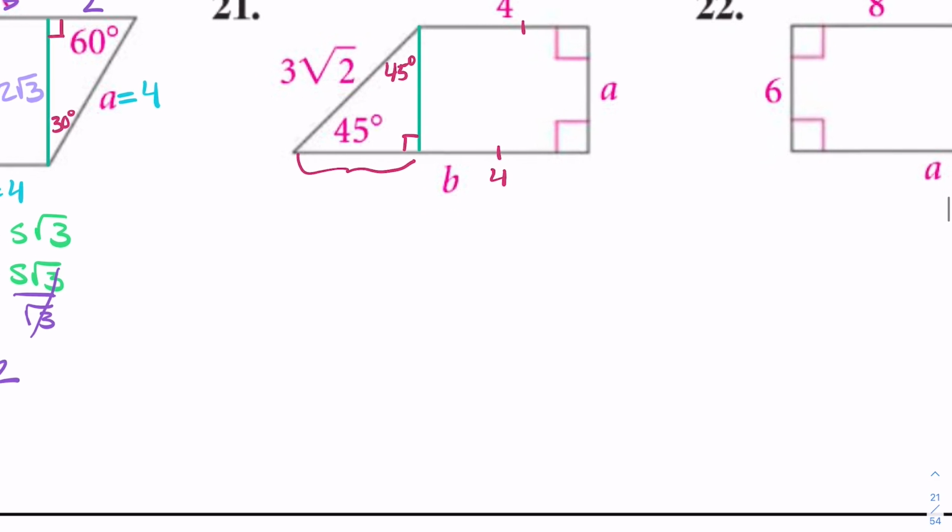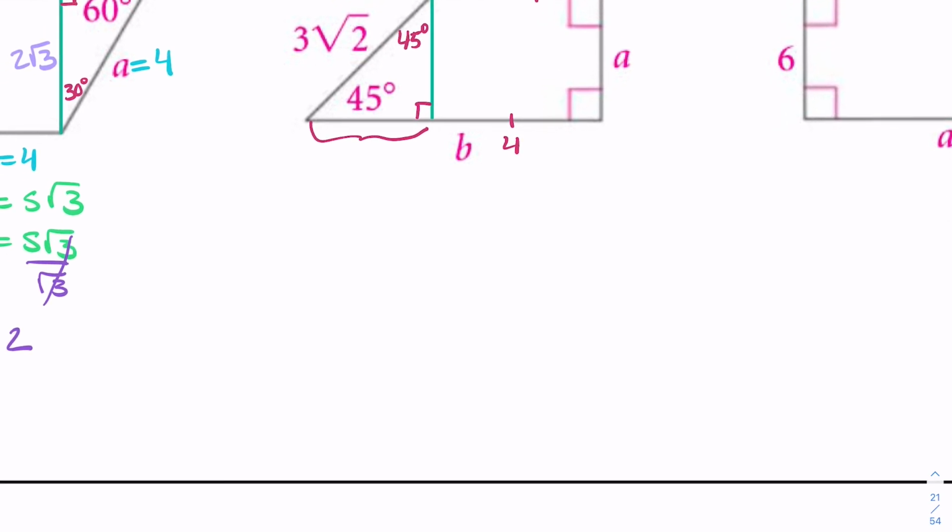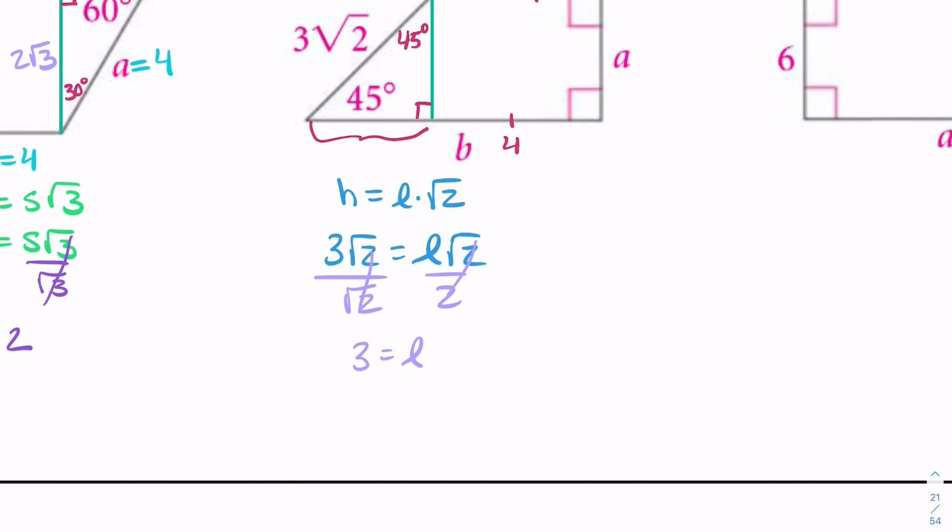All right, so what we need to do is set this up as H equals L square root of 2. It's a 45, 45, 90, so there's only one equation. We are given the hypotenuse. So we'll do 3 square roots of 2 equals L times the square root of 2. Thank you very much. They did it again. They made it pretty easy. We get L is equal to 3.